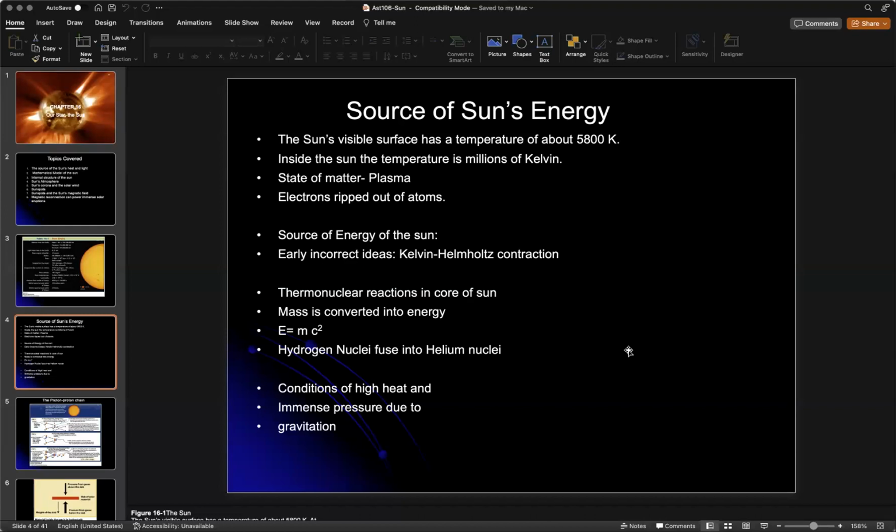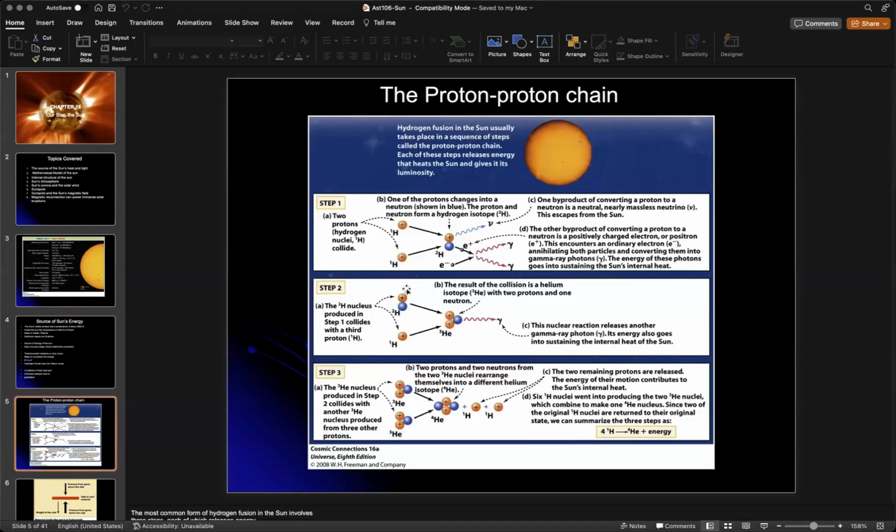There are two main kinds of nuclear reactions: fission reaction and thermonuclear fusion reaction. And the kind of reaction that happens in the sun is the thermonuclear reaction, which can only happen in conditions of very high heat and pressure.